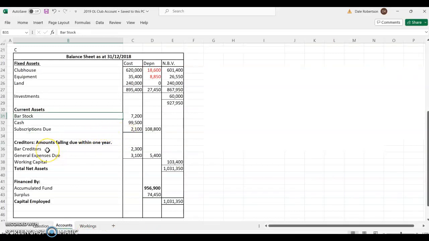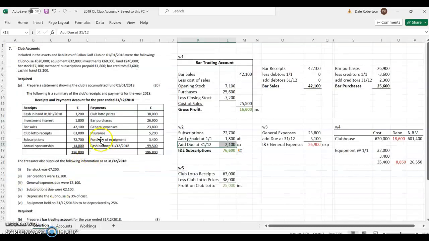So then we have our creditors, and our creditors are amounts falling due within 1 year. We have bar creditors and we have general expenses due, both from the bottom of the sentence. Bar creditors here, general expenses due here.